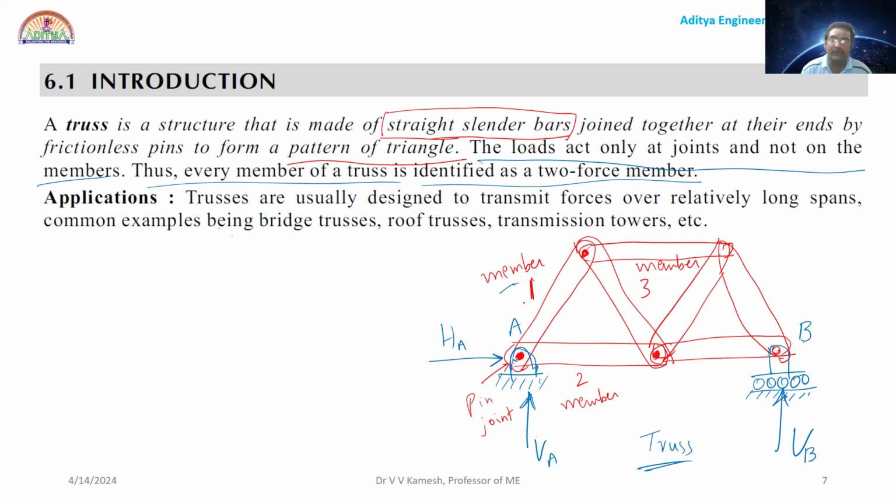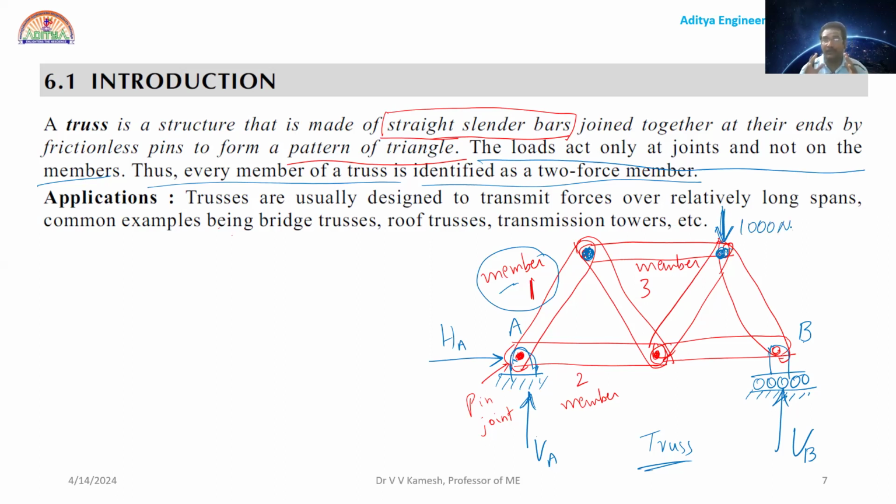Here two-force means in each and every member. Suppose I am taking member number 1, due to the load acting at the joints. Suppose I am taking the top joint on the right side, where I am applying 1000 newtons.